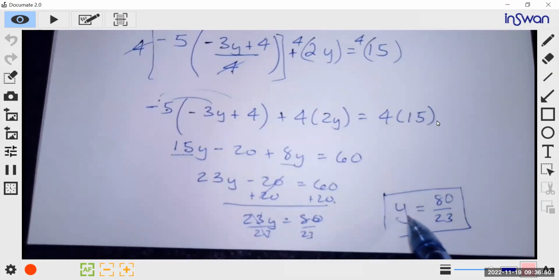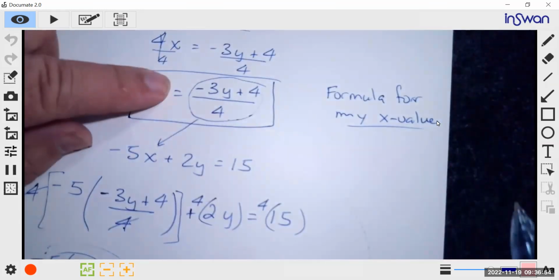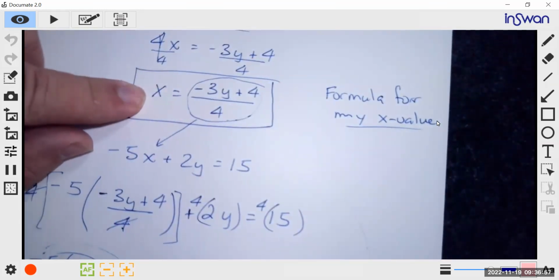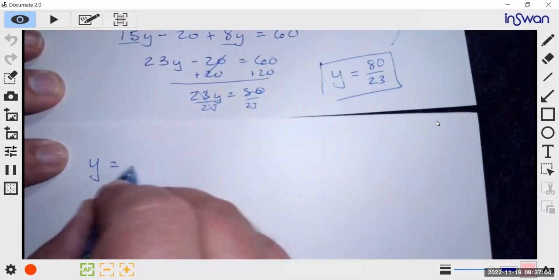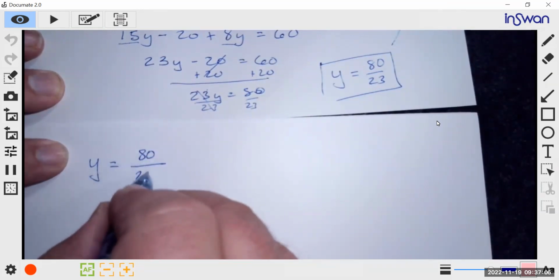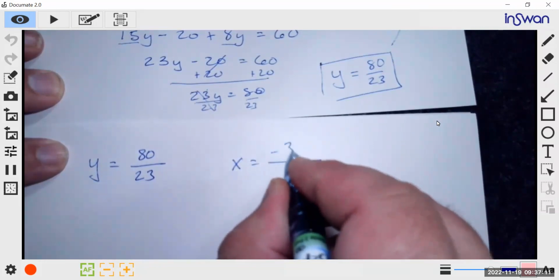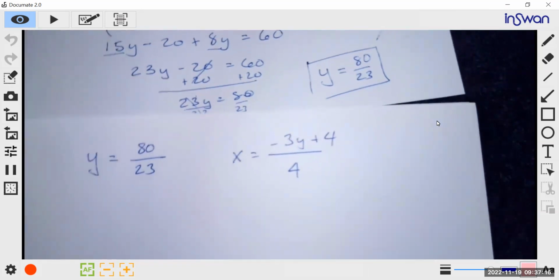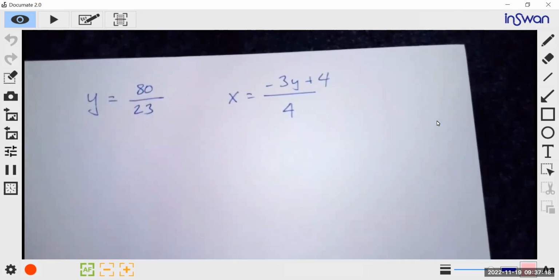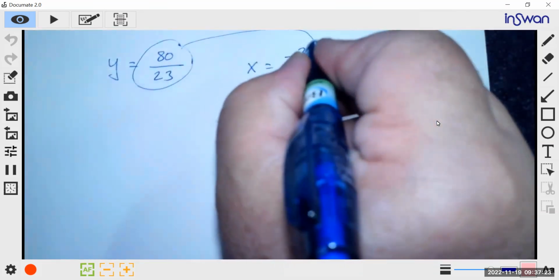Now, since this is my y value, I have to go back to the x value, plug it in there, and solve for my x. You know that y equals 80 over 23, and the formula for x is negative 3y plus 4 over 4. Anywhere I see a y, I put that in there.